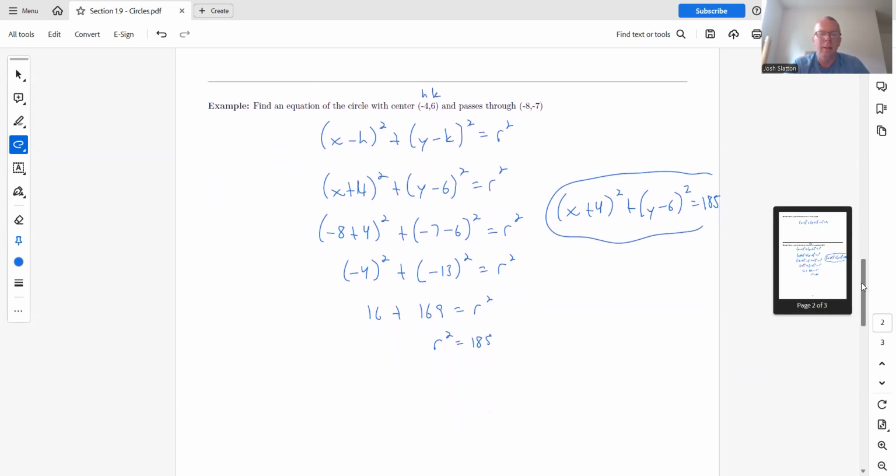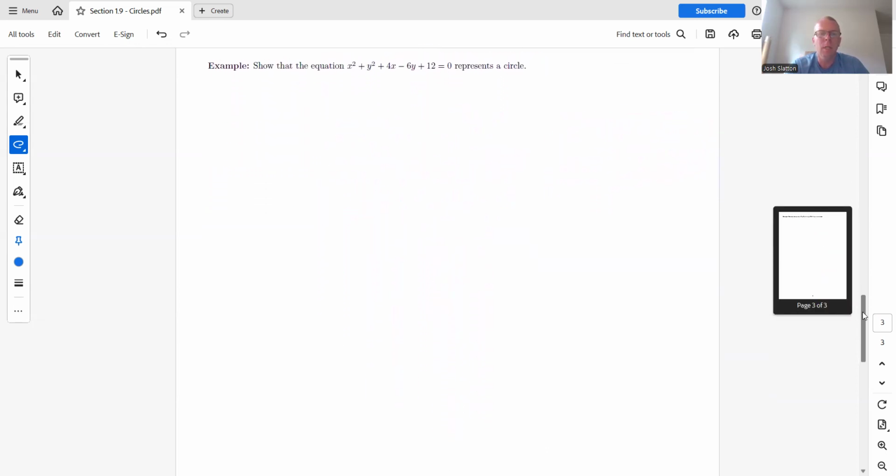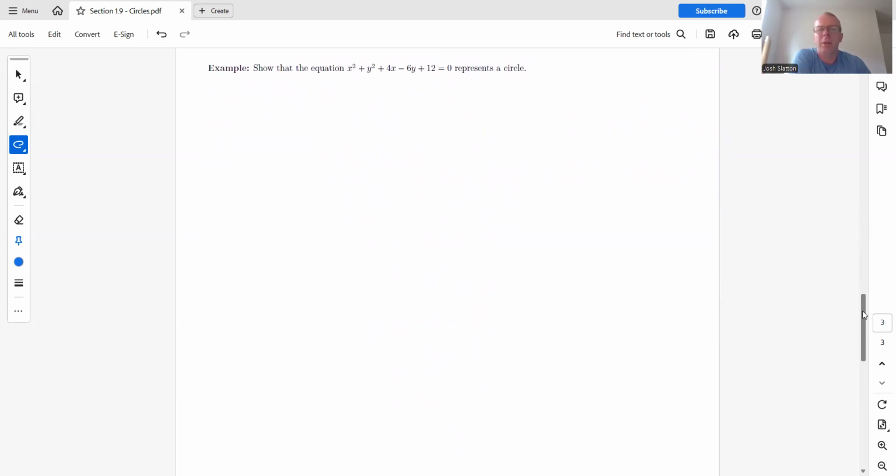All right, and then the last example: show that this represents a circle. Let's group the x terms together and let's group the y terms together here. What we're going to have to do here is complete the square. We talked about this in the last 11.4 video.